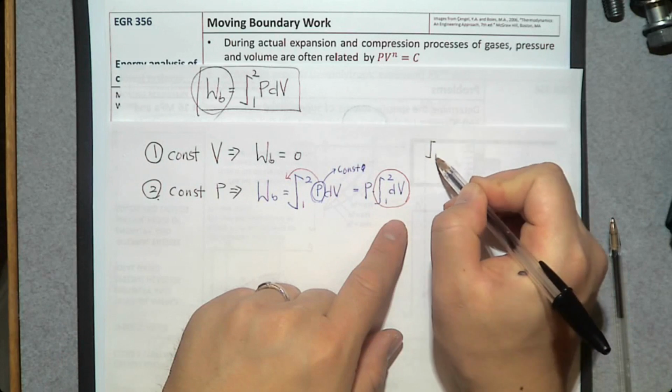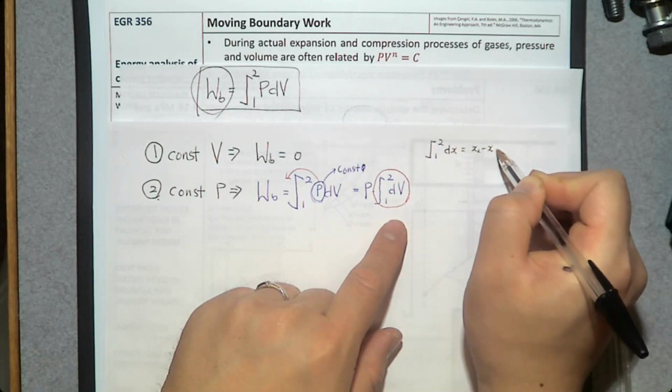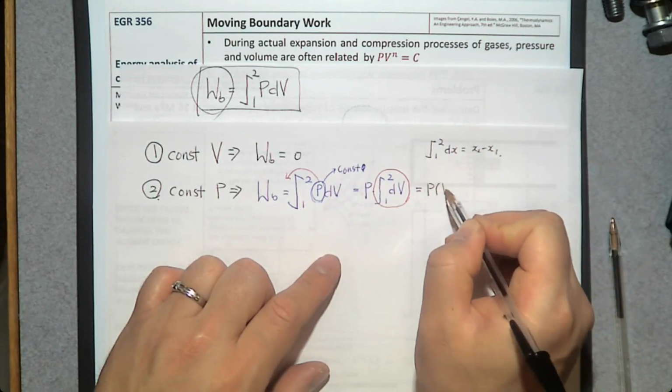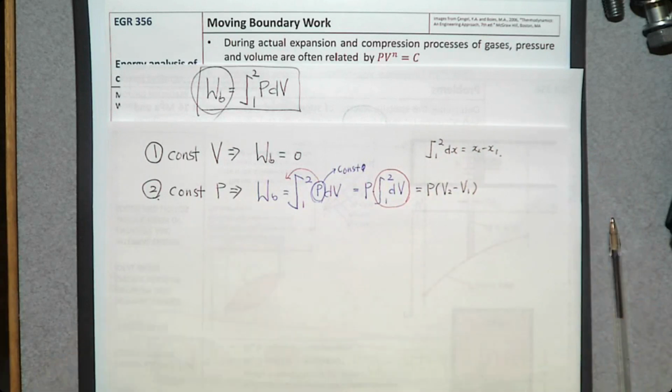First time to see? No. If you solve this one, it's X2 minus X1, right? So this is P times V2 minus V1. In this equation, V1 means the initial volume, V2 means the final volume. Then is this P P1 or P2?